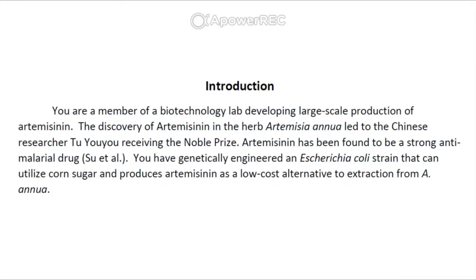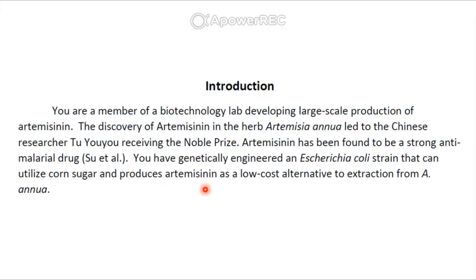Here's a section of your introduction. Essentially, it explains how you're going to be using a production strain of artemisinin, which is an important antiviral drug. Your goal is to increase the levels, or the titers, of artemisinin being produced.